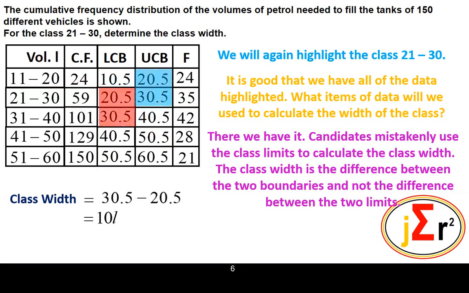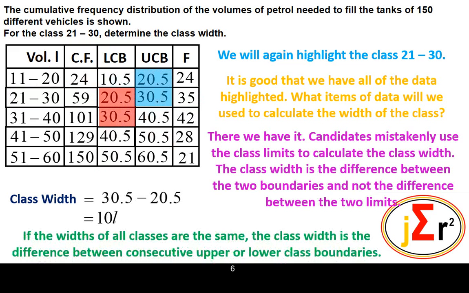And we make mention of it again also, that if the widths of the classes are the same, the class width is the difference between consecutive upper or consecutive lower class boundaries, as we show it right there. So the same: 30.5 minus 20.5.